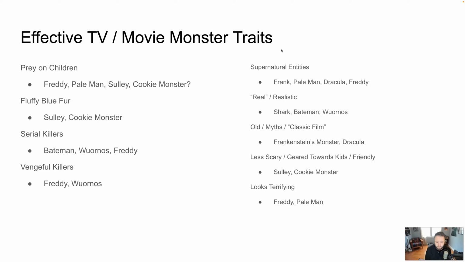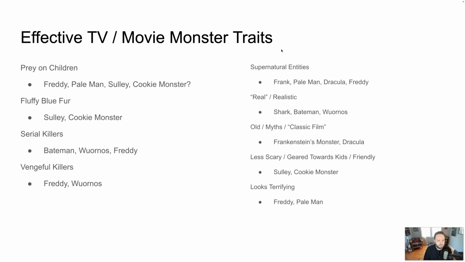Now, you might be asking, well, why are we talking about movie monsters? Well, these groupings, what we are doing is we're trying to answer that question: what traits make an effective movie monster? And all of these movie and TV monsters, all 9 of them, are an attempt at creating an effective movie or TV monster.